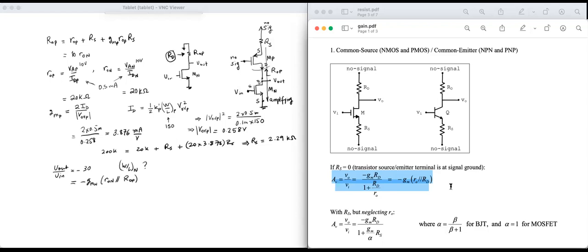So I have RON 20K, I have ROP 200K. The gain should be minus 30. And this means that I can determine GMN. So GM is therefore 30 divided by 20K in parallel with 200K. So that's the value of GMN, around 1.65 milliamp per volt.